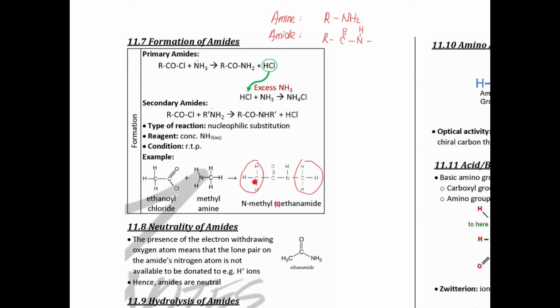This and this. So because of that, we call it ethanamide. And this part we haven't talked about, N-methyl, the branch. The methyl here sticks with the nitrogen, so we call it N-methyl. Okay? N-methyl ethanamide.